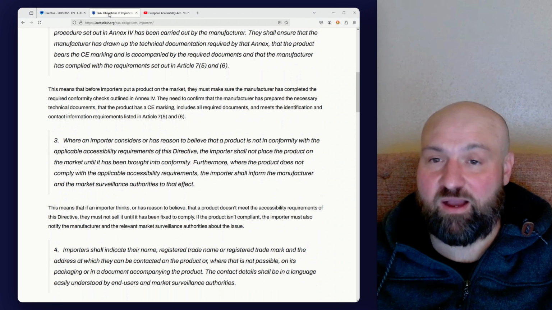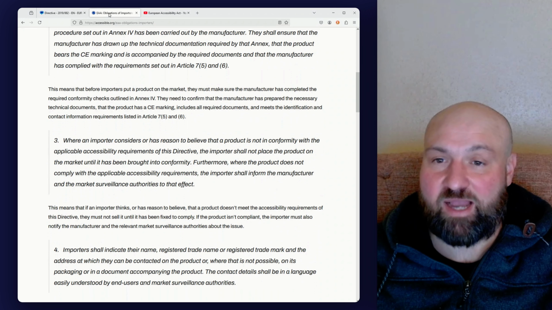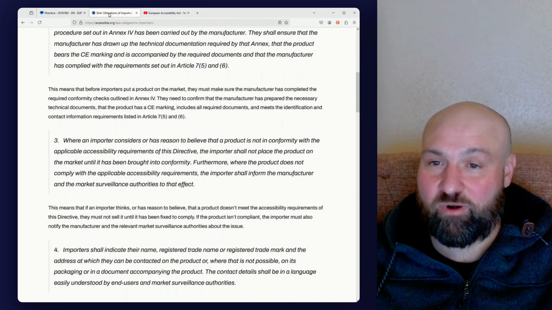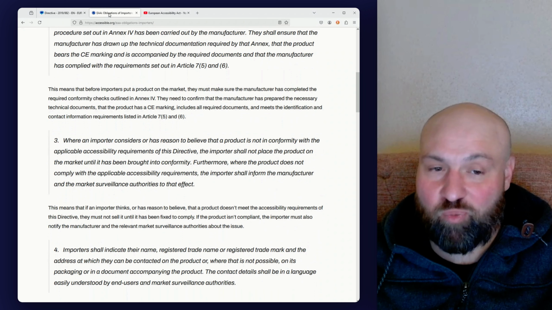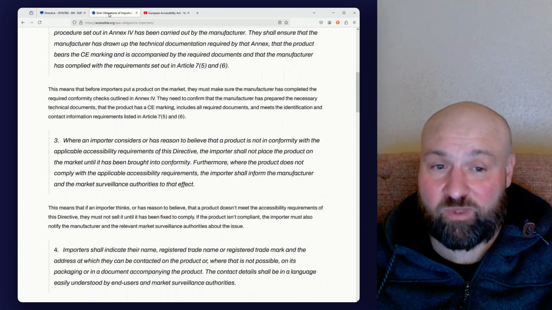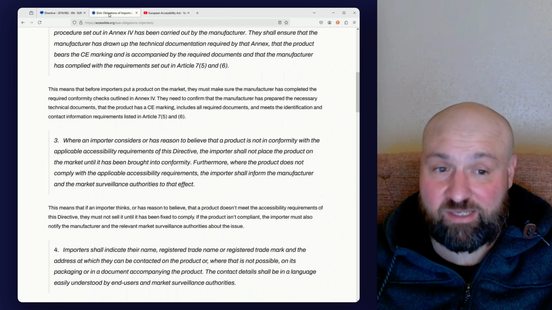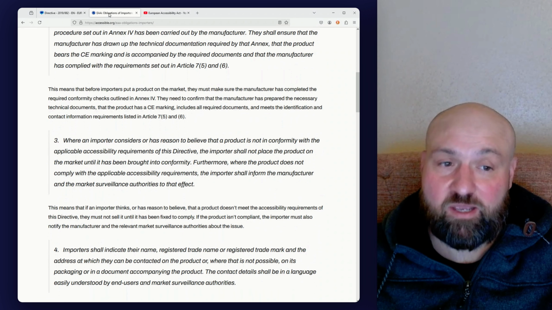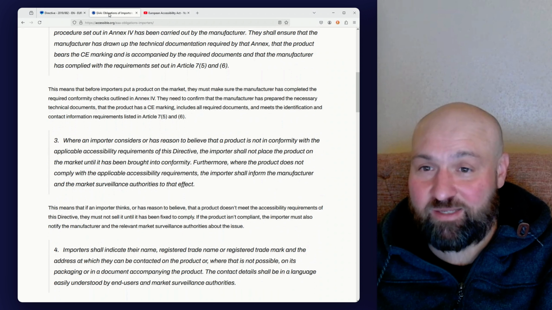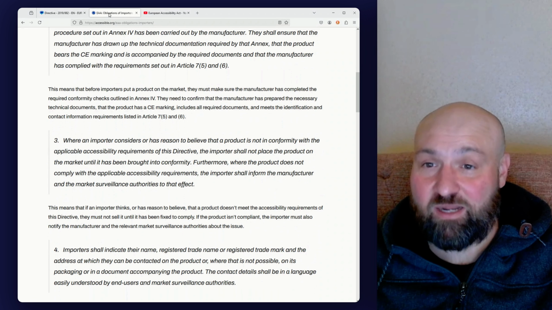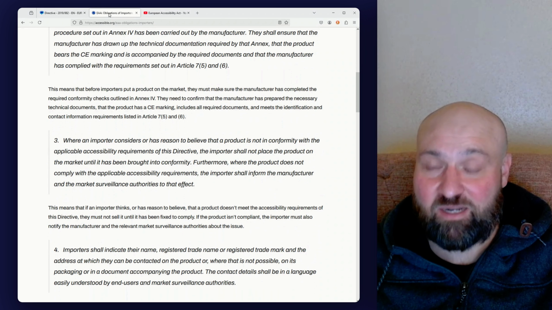So here we have the European Accessibility Act having the importer act as a check to make sure that there aren't products that aren't in conformity with these requirements that are being placed inside the European Union. So this is really the surveillance authorities using these different economic operators. And when I say economic operators, here it's importers.